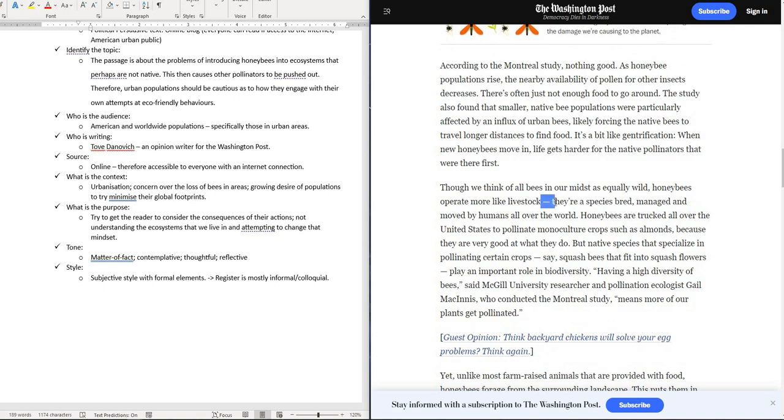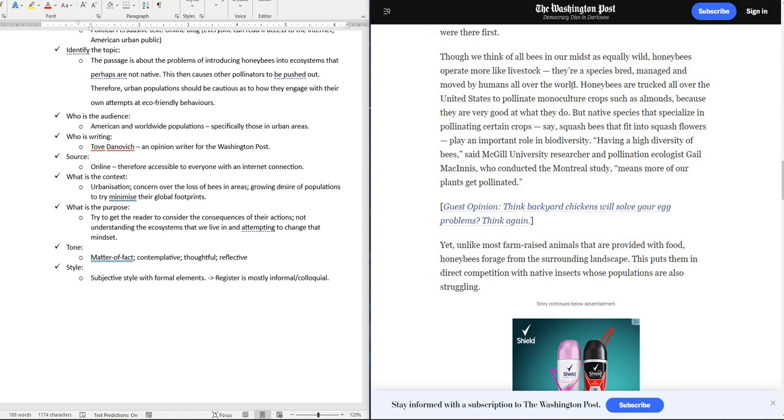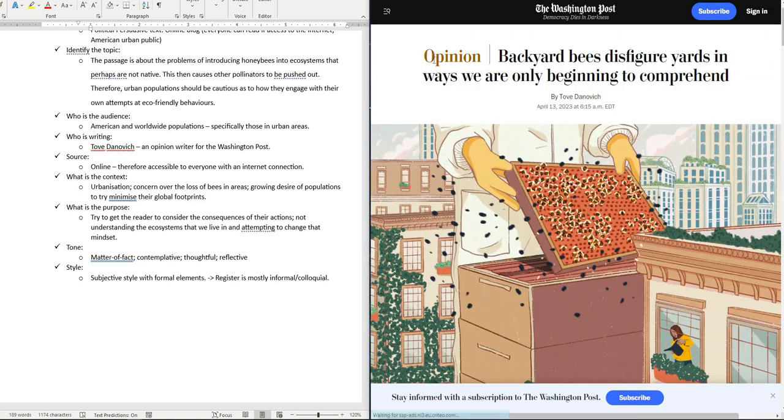Our author also likes to use dashes and bracket dashes quite often. And there are lots of personal pronouns. Here's a sentence beginning with but, always a good indicator that this is meant to be an informal passage. Also, the fact that it's titled Opinion gives us a sense that it's going to be informal.